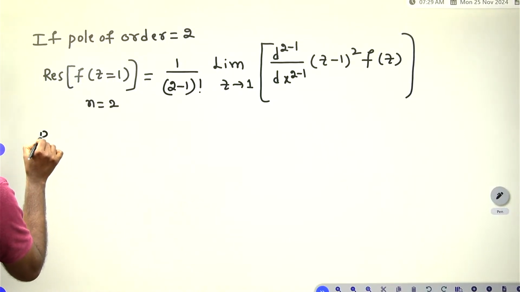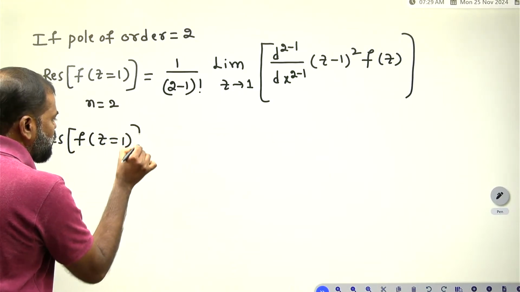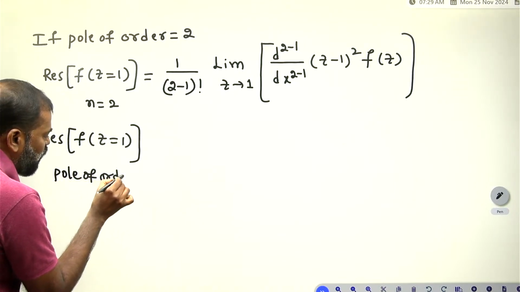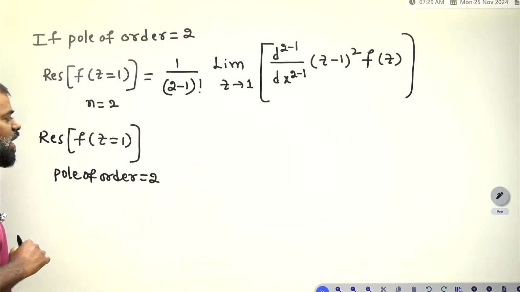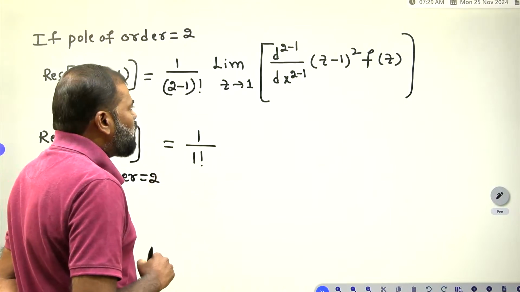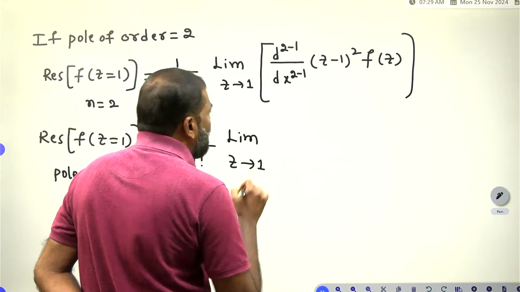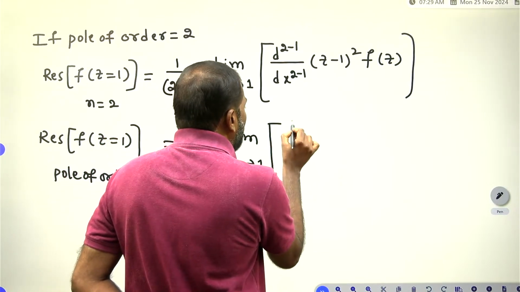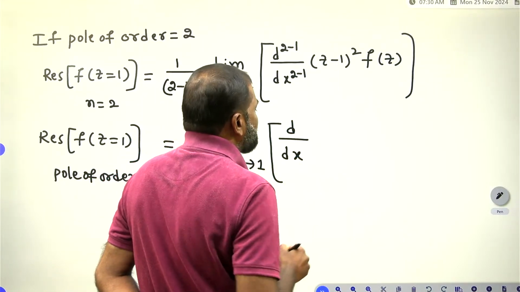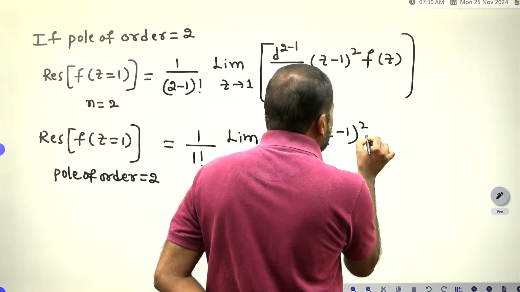Now you see, the residue of f of z at z is equal to 1. The pole of order is equal to 2. So 1 by (2 minus 1) factorial is equal to 1 by 1 factorial, limit z tends to 1, d to the power of 2 minus 1 is equal to d by dz of (z minus 1) whole square into f of z.